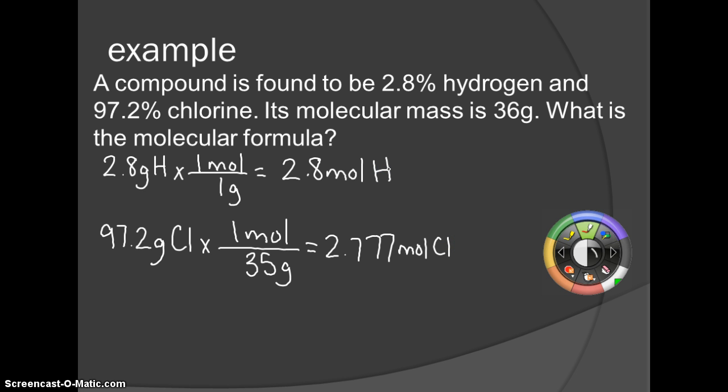Now you divide each of those by the lowest number that is there. So in this case, the 2.777. So 2.8 divided by 2.777 should be extremely close to 1, which it is. You get 1.00. So we're just going to say that we have 1 hydrogen, and then 2.777 divided by itself, obviously, is 1 chlorine.